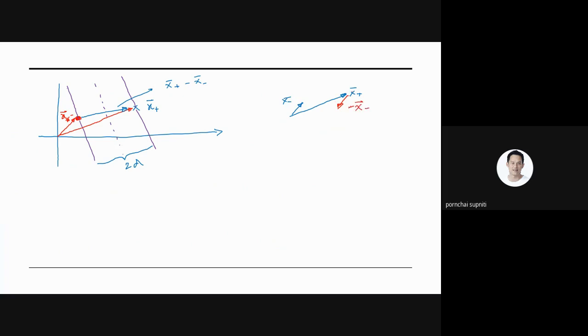If you add these two, x plus minus x minus, you get something like this, or similarly this line.